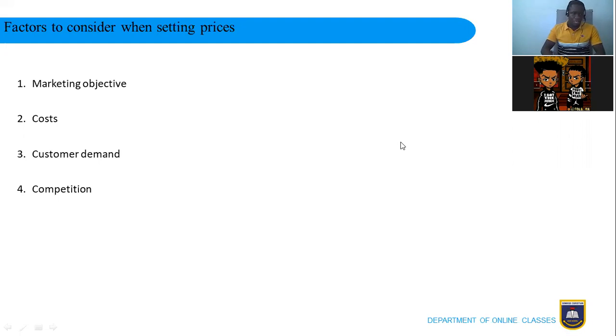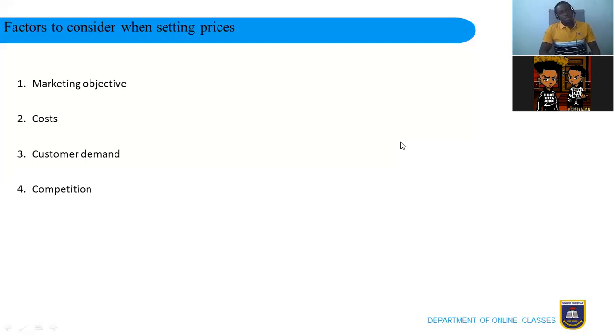The fourth factor, which is competition. In fixing your selling price for a product, you need to also look at your competitors. You need to study them before finally deciding on the price at which a product will be sold. You get me?